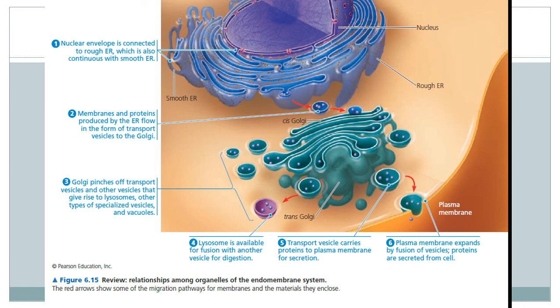The Golgi pinches off transport vesicles and other vesicles that give rise to lysosomes, other types of specialized vesicles and vacuoles. A lysosome is available for fusion with another vesicle for digestion. A transport vesicle carries proteins to the plasma membrane for secretion, and the plasma membrane expands by fusion of vesicles. Proteins are secreted from the cell.